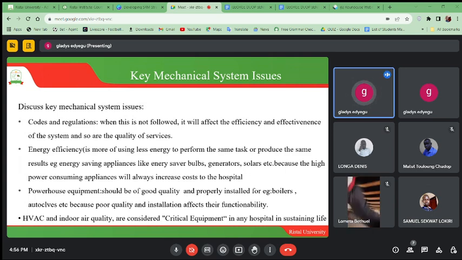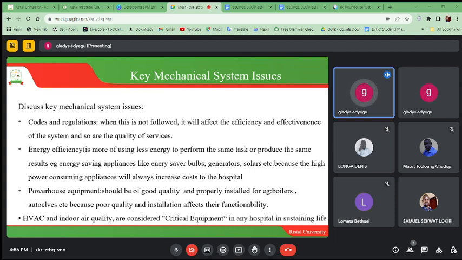At the time when they are constructing or installing them, they have to follow what we mentioned in the beginning, the codes and regulations, so that we can install them appropriately according to the expectations of the standards. When we do that, we shall be able to promote efficiency of the services that we provide, and also promote their functionability, and therefore our patients will get a standard kind of care.